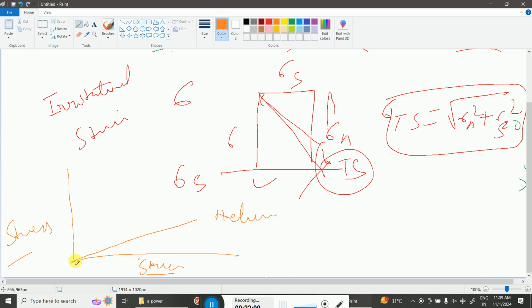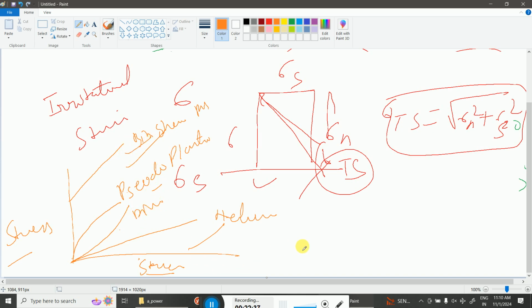After that comes dilatant, and if you increase the stress, then it is called pseudoplastic. As you continuously increase the stress, it is called Bingham plastic, which looks like a Newtonian fluid but is different. It passes through dilatant and pseudoplastic, then Bingham plastic.